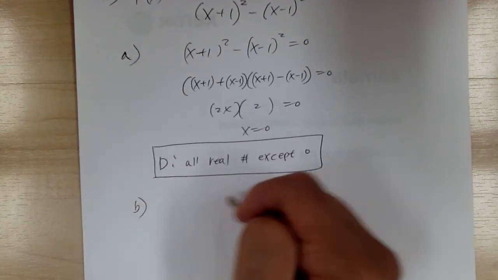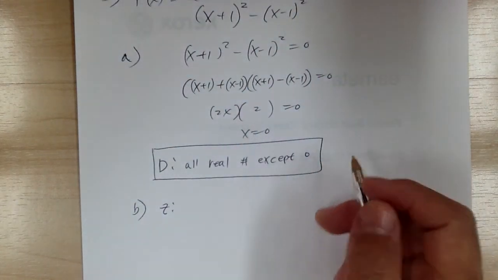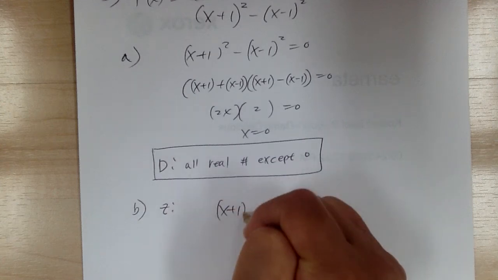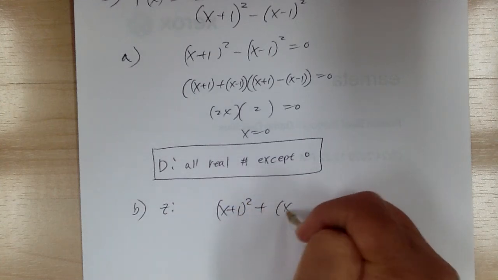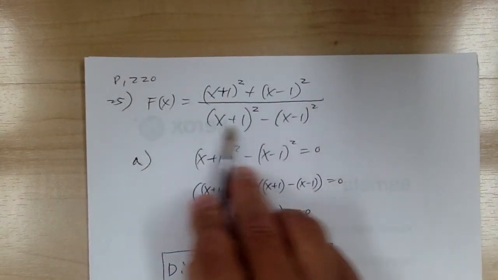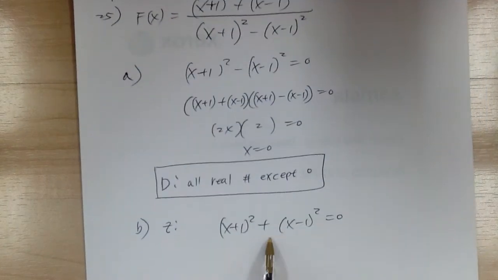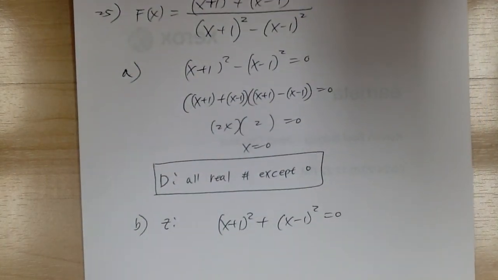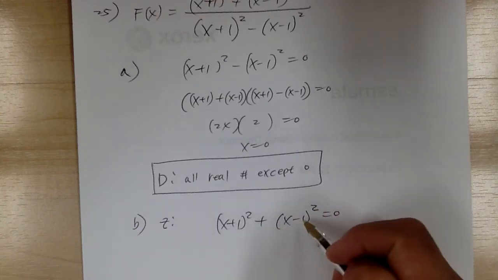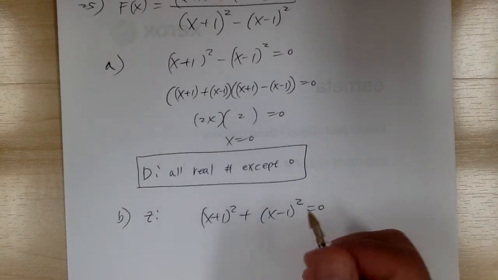Now part B, you're looking for zeros. To look for zeros, you set the top equal to 0. So you have x plus 1 squared plus x minus 1 squared equal to 0. Basically you set this equal to 0 and you cross multiply. Now there's a way to factor a plus, but it's easier to just multiply out.